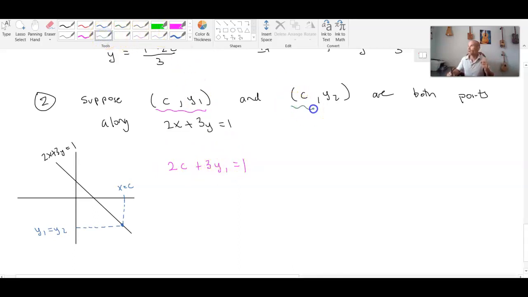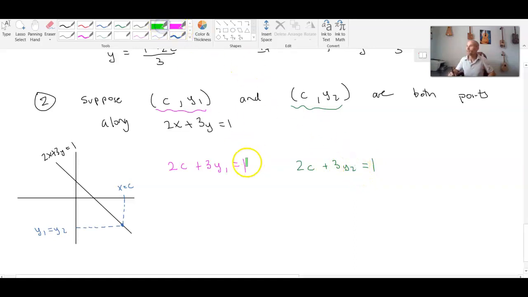On the other hand, we have this other point over here that we're claiming is on the line as well. We know it's going to be the same point, but that's what we're trying to set out to mathematically show. Basically, that for any arbitrary x, we're always going to get one unique value of y. So we can say the same thing here. If we plug in this ordered pair into this equation, we have that 2 times that value of x plus 3 times that value of y equals 1.